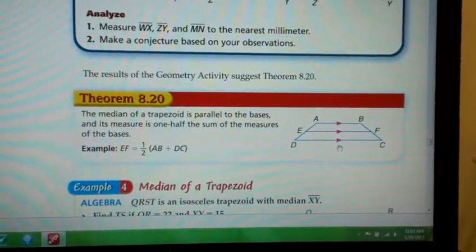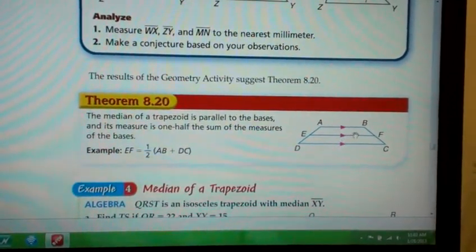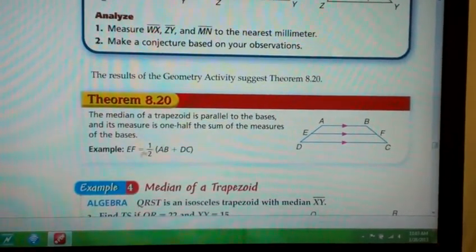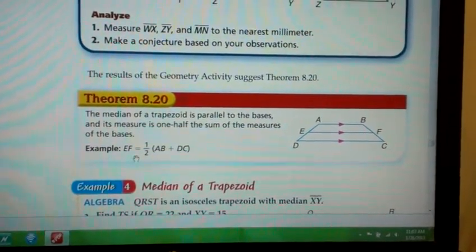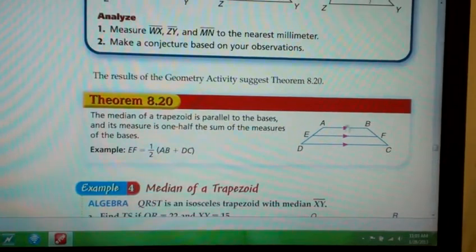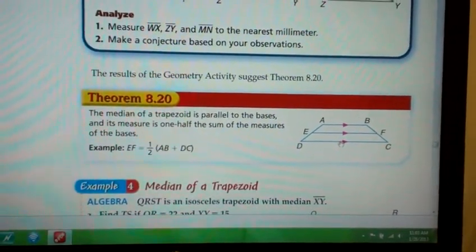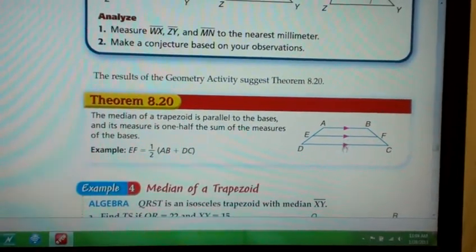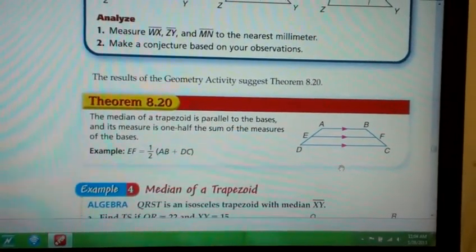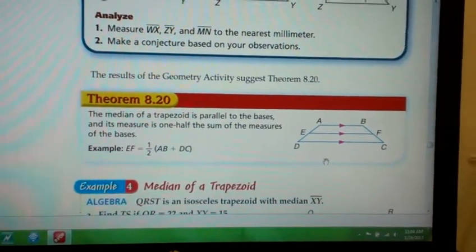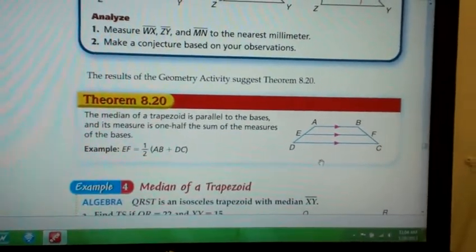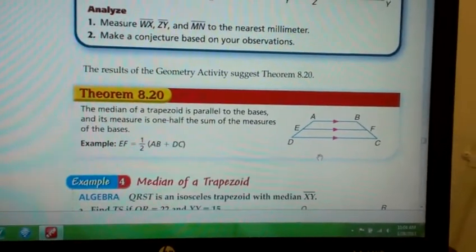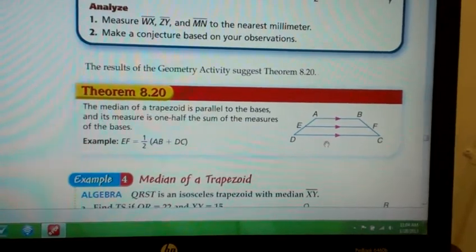In addition, you can figure out how long the median is by using this equation: the median is half of the top base plus the bottom base. For instance, if the top base is 5 and the bottom base is 10, the median would be 7.5. If you think about it, the median is simply the average length between the top base and the bottom base.